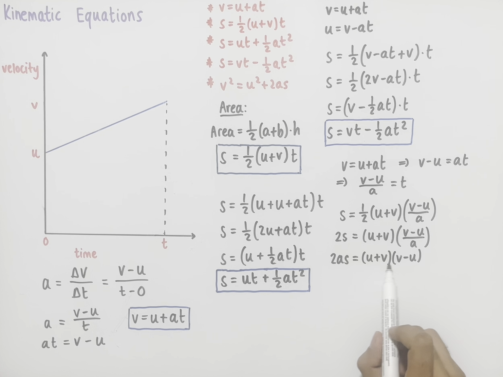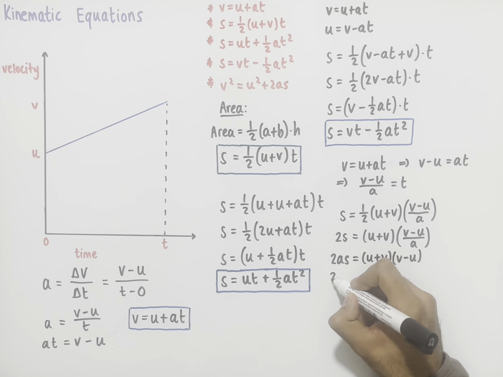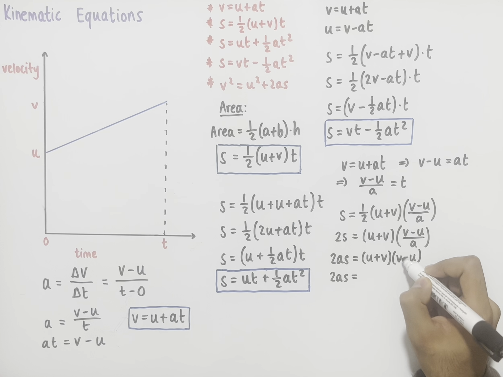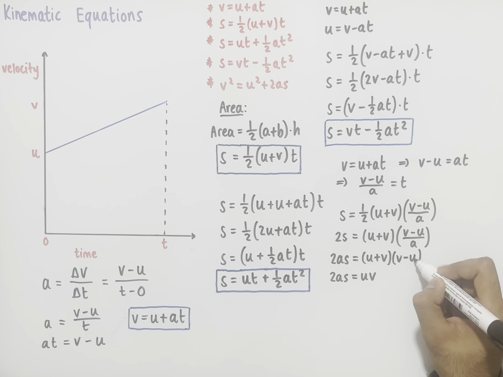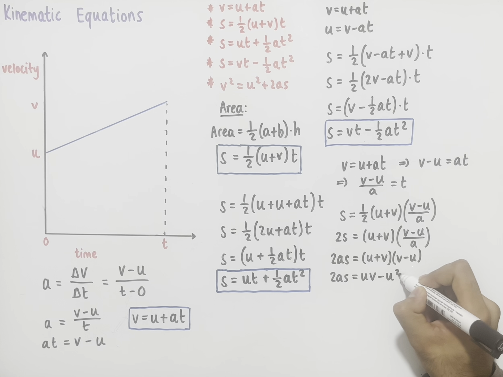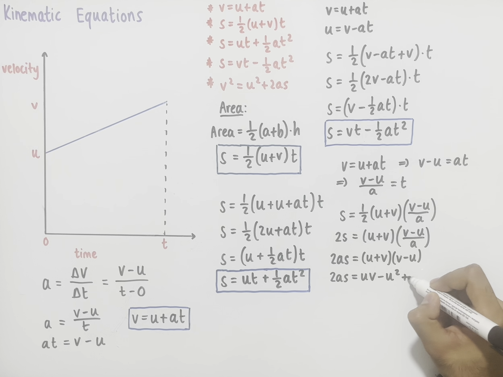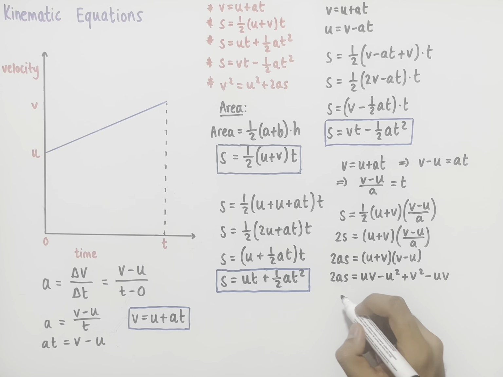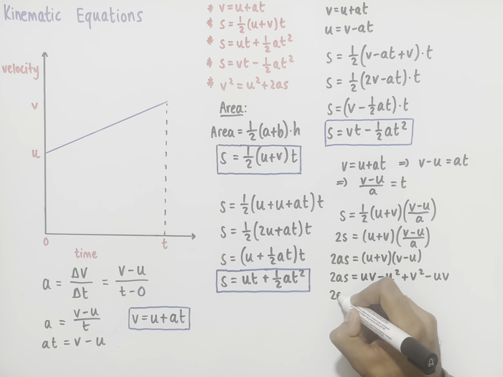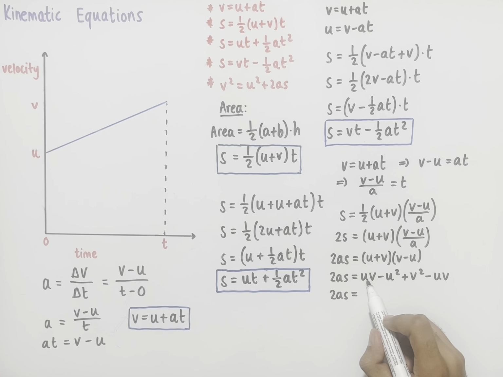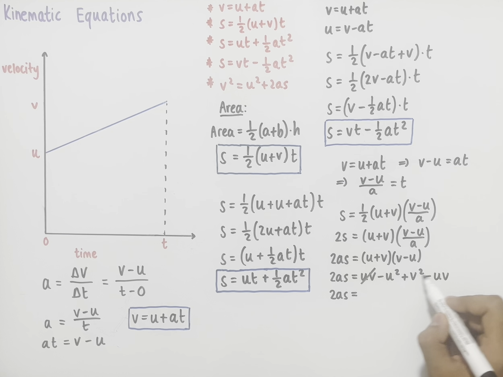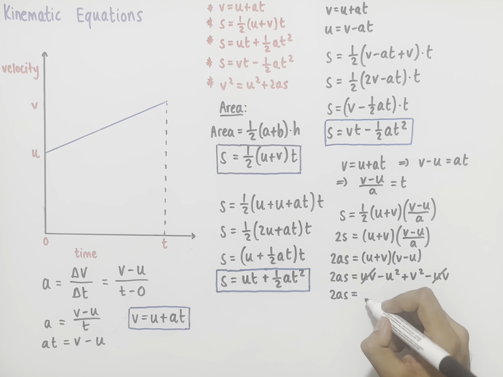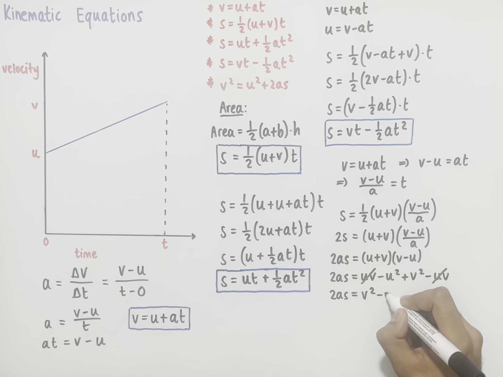If we now expand the brackets on the right hand side out, we end up with 2as, and now we have u times v, which is uv, u times minus u, which is minus u squared, v times v, which is v squared, and then v times minus u, which is minus vu, or we can write that as minus uv. And now simplifying this, we end up with 2as equals, now uv minus uv cancels, and so we're left with minus u squared plus v squared, which can be written as v squared minus u squared.